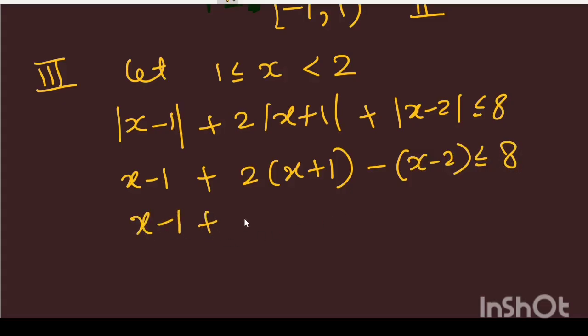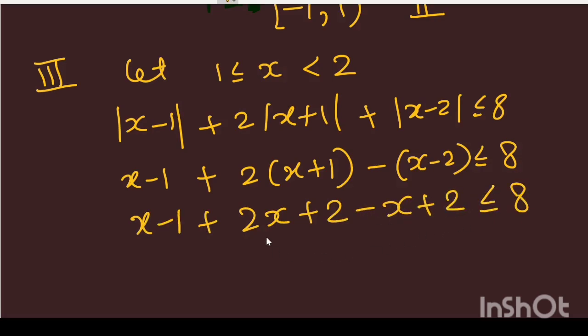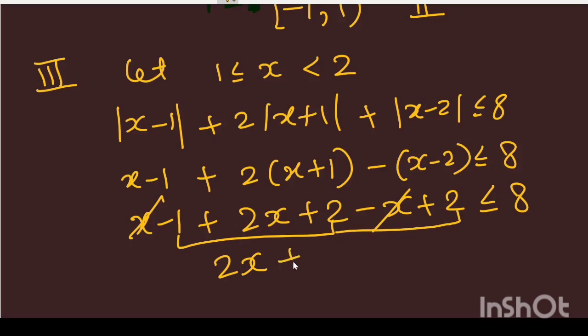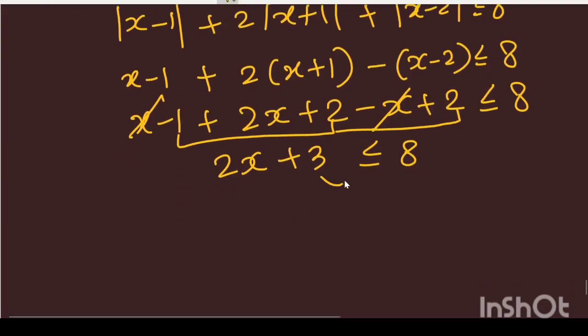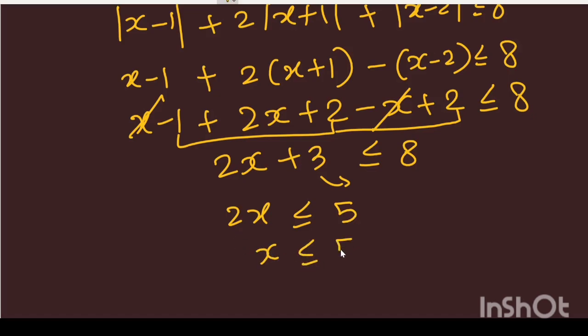x minus 1 plus 2x plus 2 minus x plus 2 less than equal to 8. Now x gets cancelled with minus x, 2x as it is, minus 1 plus 2 plus 2 is plus 3, less than equal to 8. 3 goes on the right hand side, so 8 minus 3 is 5. 2 goes down, so it becomes 5 by 2.